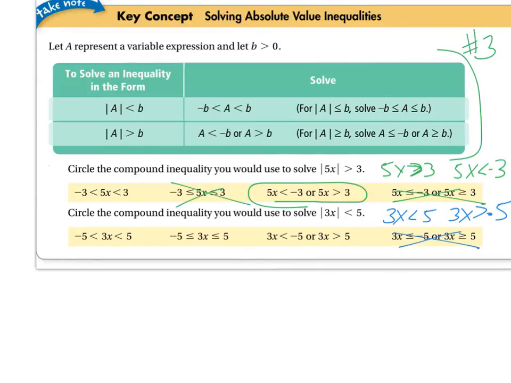The less than sign did not become less than or equal to sign, so those two are gone. And looking at this, which one has 3x less than 5? Right here we see 3x less than 5. So let's verify it by looking at the next one. 3x is greater than negative 5. Yes, 3x is greater than negative 5.